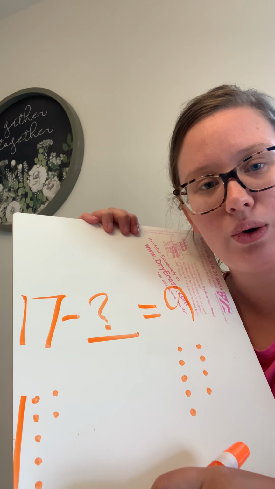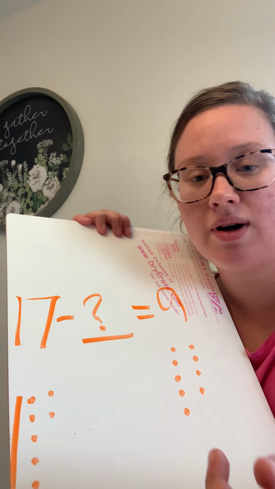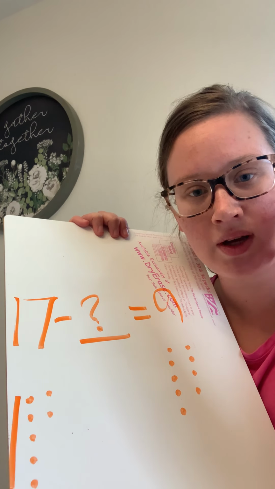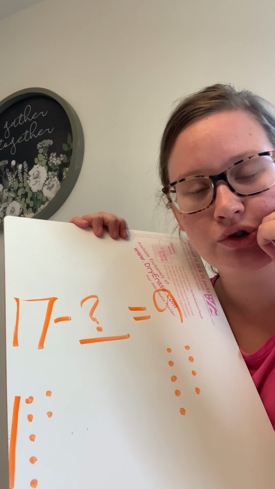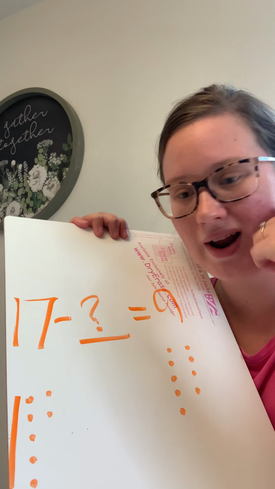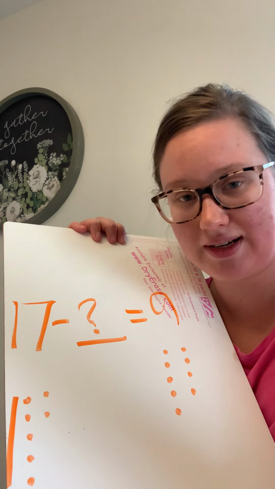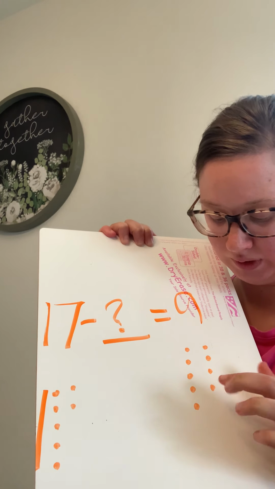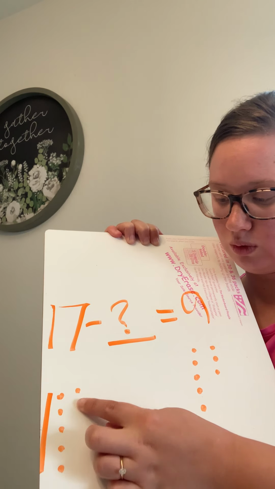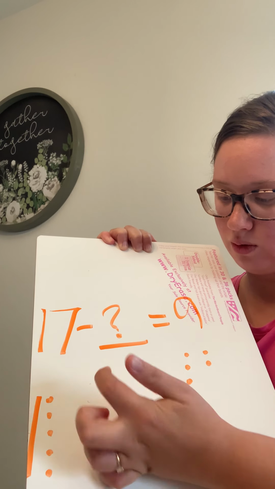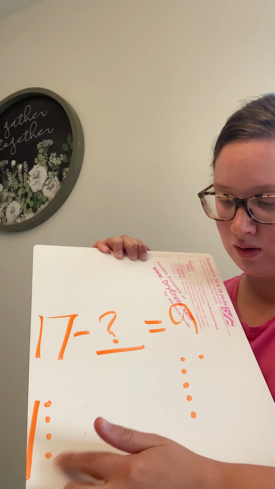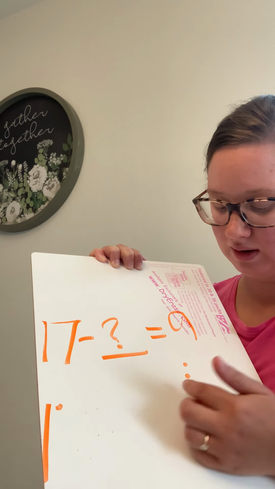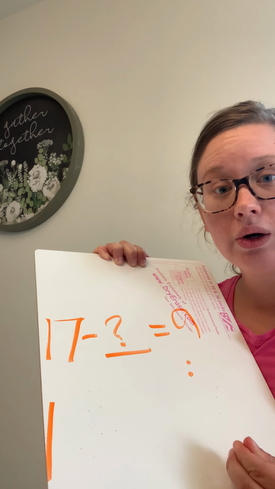So you can either work backwards like I did on my last problem, but I also wanted to show you a different way to solve. So I'm going to use my rods and my units this time, and I'm going to find out what I have left from this if I take away 9. So whatever I take away here, I have to take away here. What do I do now?